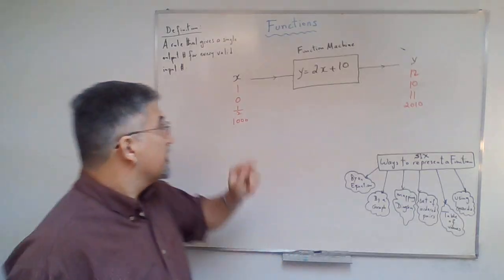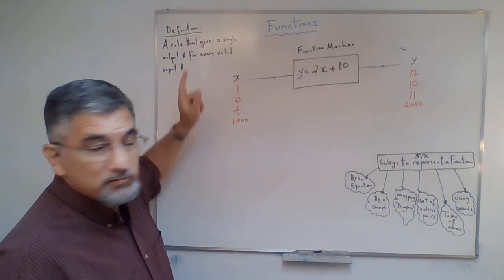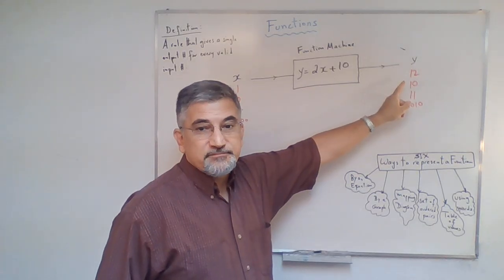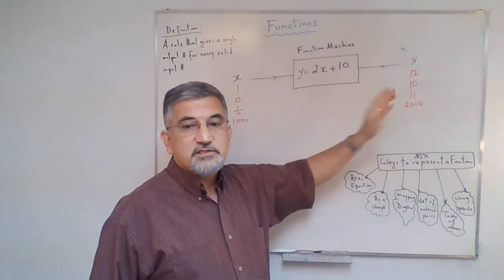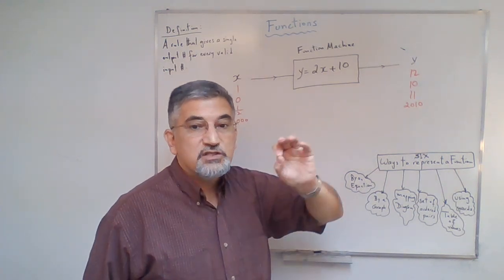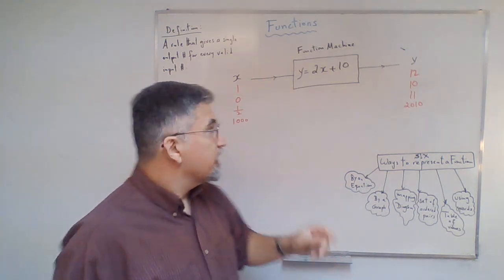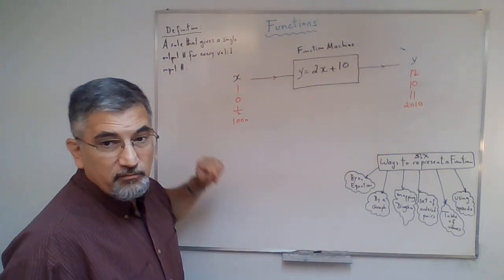That's what we said. So that's the meaning of single output number. It means that you can't change that. It's not like you decide. If x is 1, then y has a single output number. So it's a single number that is 12. It can't be 13. And then it says for every valid input number.